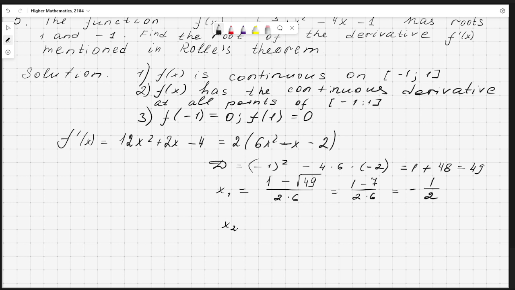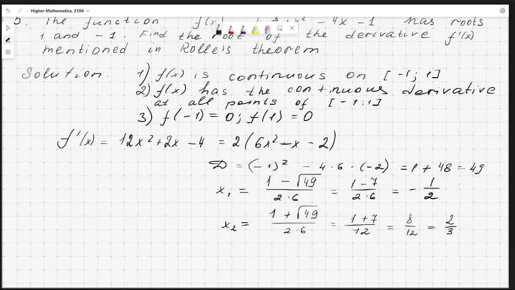And x second equals 1 plus this root over 2 times 6, or 2 over 3.